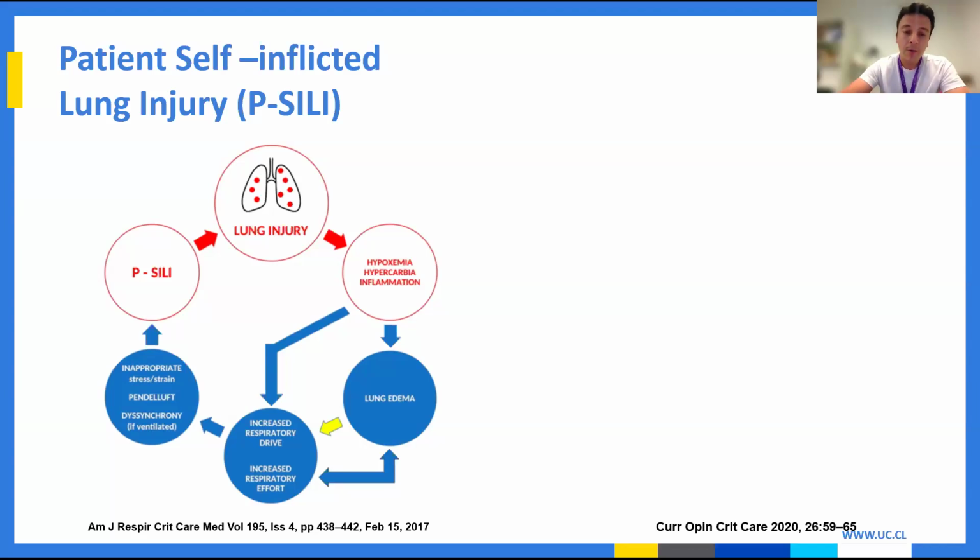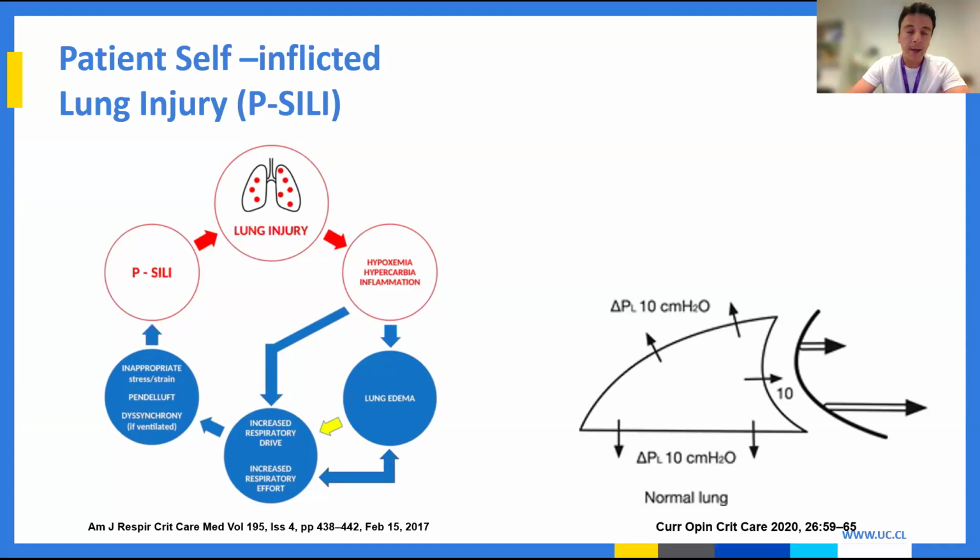So what is the mechanism for that, or how can we explain that we can produce lung injury when the patient is breathing? We need to understand that in healthy or normal lungs, we have a fluid-like behavior, where the patient is breathing, the diaphragm is activated, and the transmission of the pressure in the lung is more homogeneous.